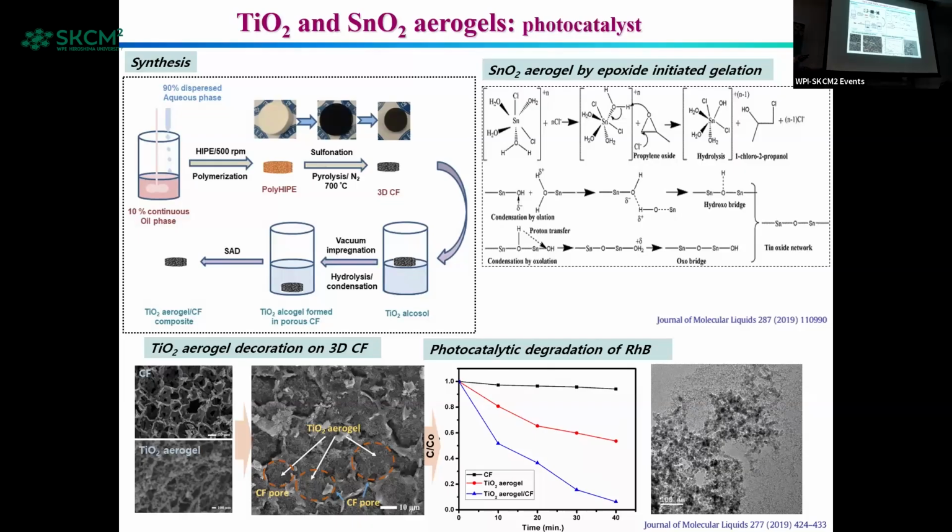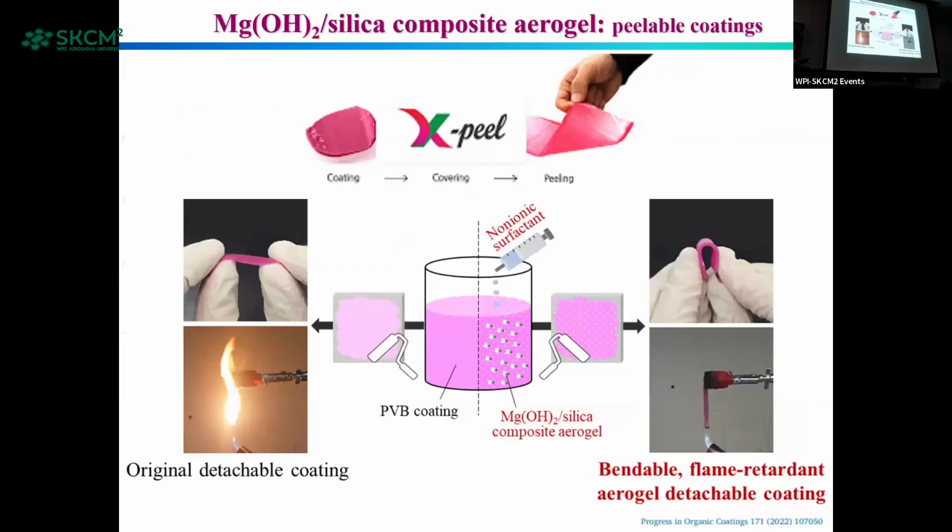So when we use chloride-based or salt-based precursors, we have to use epoxide-initiated gelation, where epoxide ring-opening polymerization also happens. You have to use an epoxide which can initiate the gelation of this kind of precursor, and then you can achieve a 3D network for these metal oxides. So that is another approach.